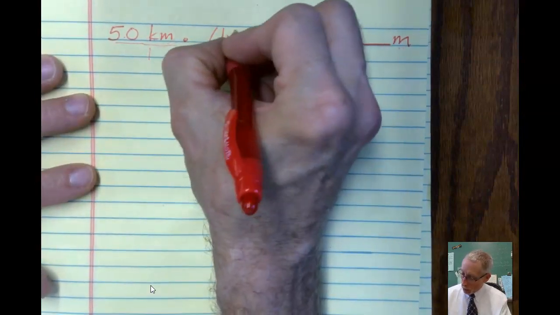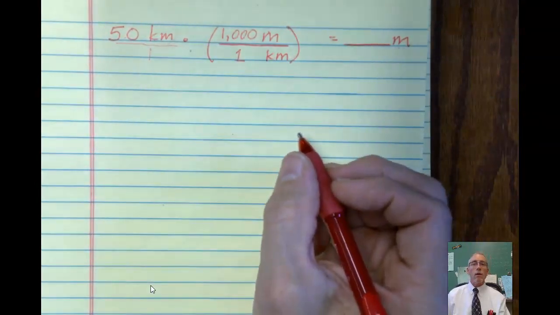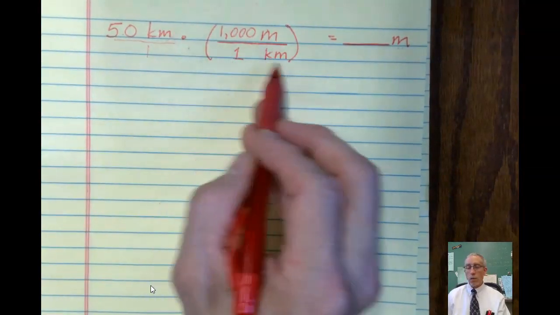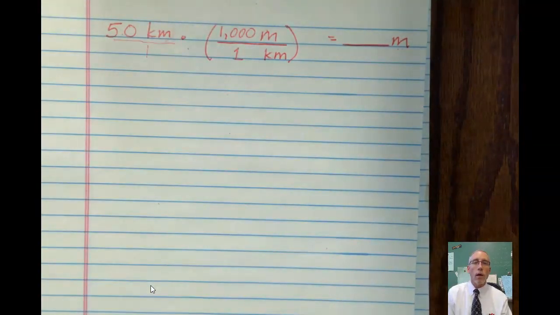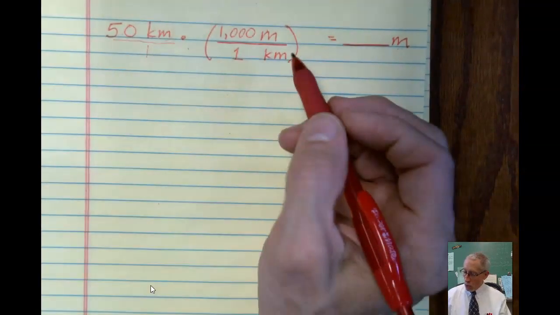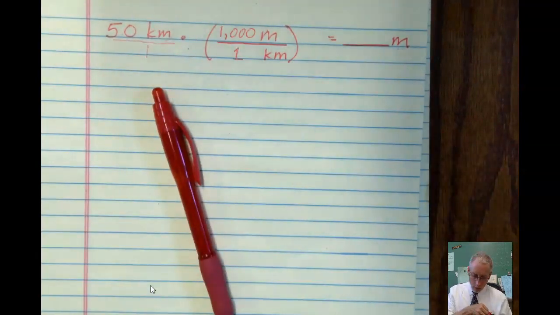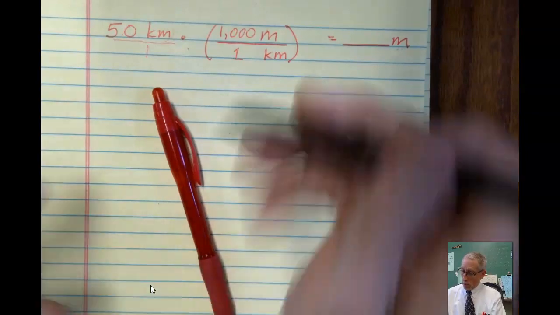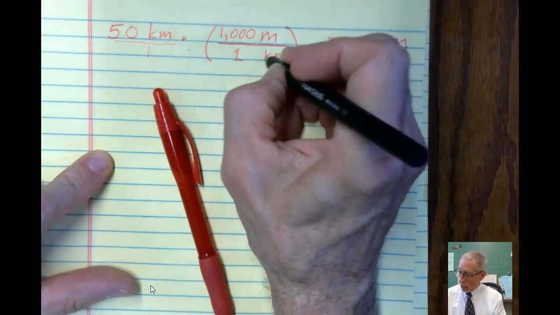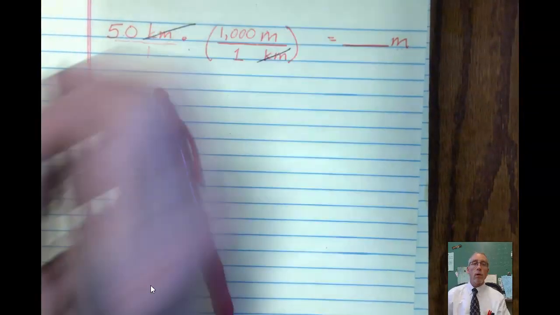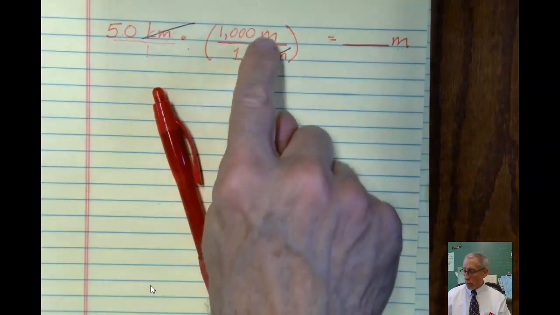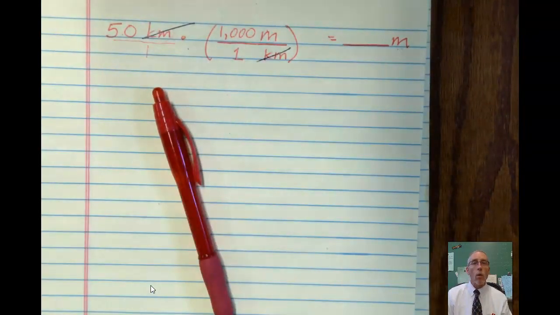So I'm just going to put the number in place of the K. So you see, this is 1,000 meters, and this is also 1,000 meters, just written different ways. Okay? So what I also might recommend is either on paper or just in your head, imagine canceling out those 2 kilometers. And so you're left with just a unit of meters, which is great. That's what we want.